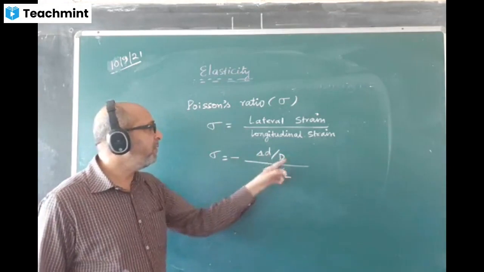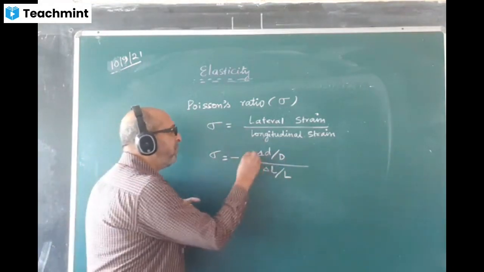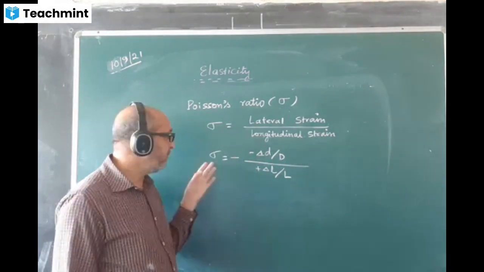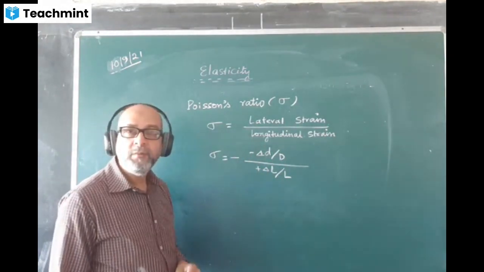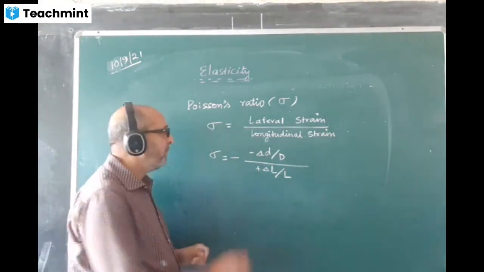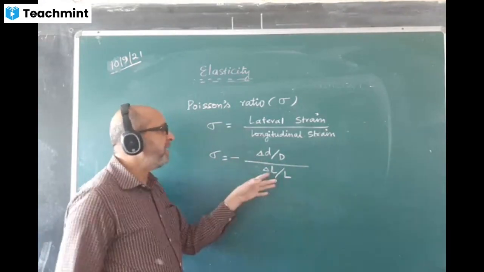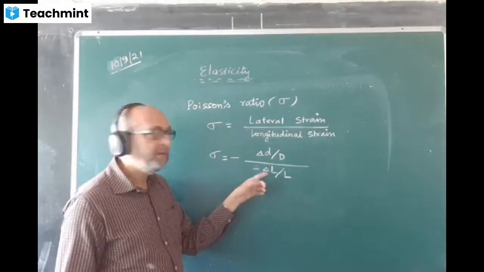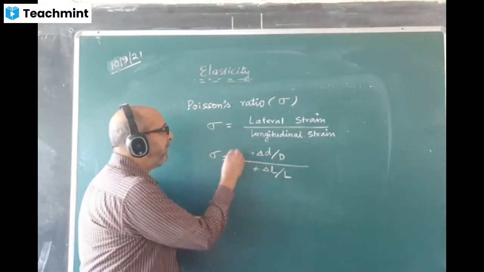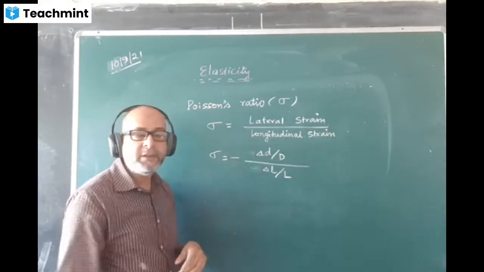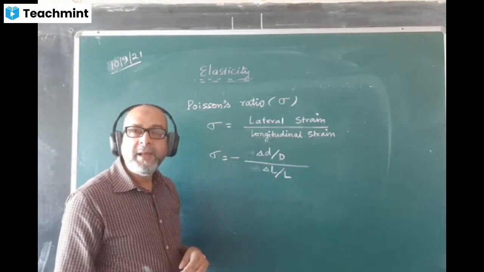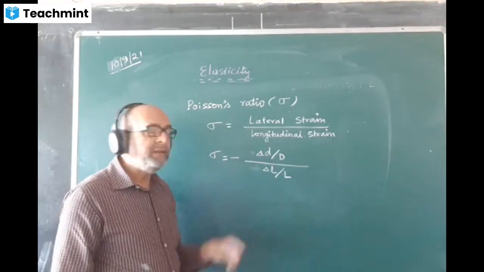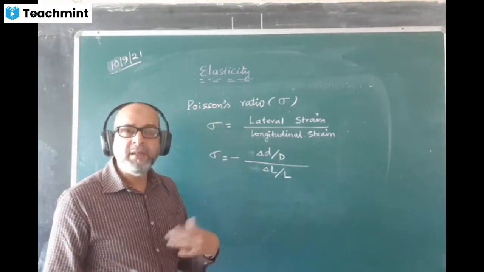When this is positive, and this comes negative, negative becomes positive. Sigma is our ratio, the positive ratio. Similarly, when the length is decreasing, just take the opposite. Change in the length is negative, then this will be positive. Anyway, this minus will cancel, and answer will come positive. So minus sign signifies that increase in the length, decrease in the diameter, and vice versa.